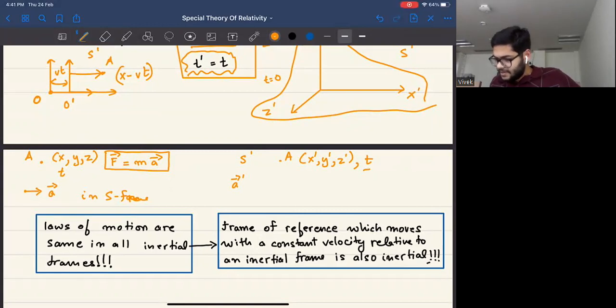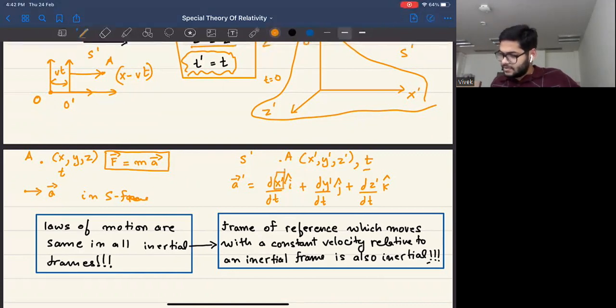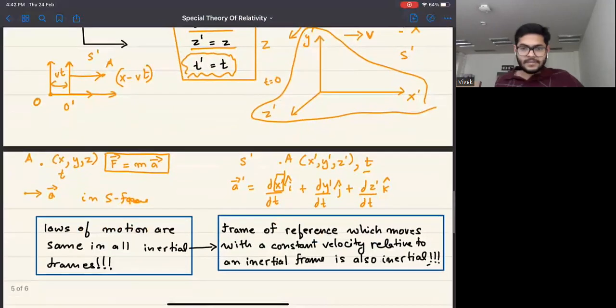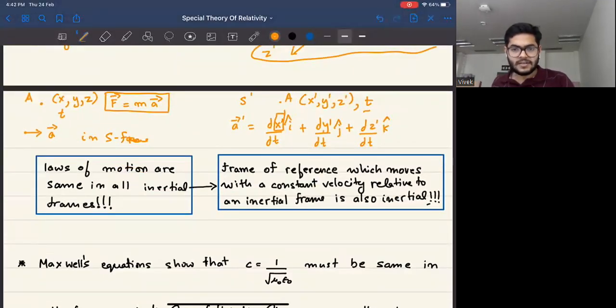In this frame, a prime is equal to dx prime over dt i cap plus dy prime over dt j cap plus dz prime over dt k cap. Okay. Now let us substitute the value of x prime from this equation. So from that equation, we know that x prime is equal to x minus vt.